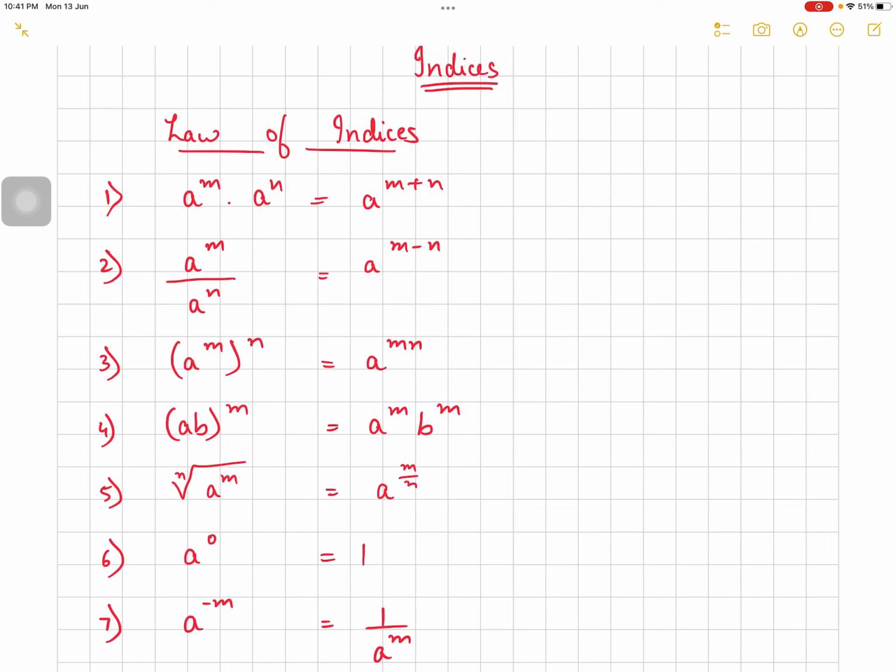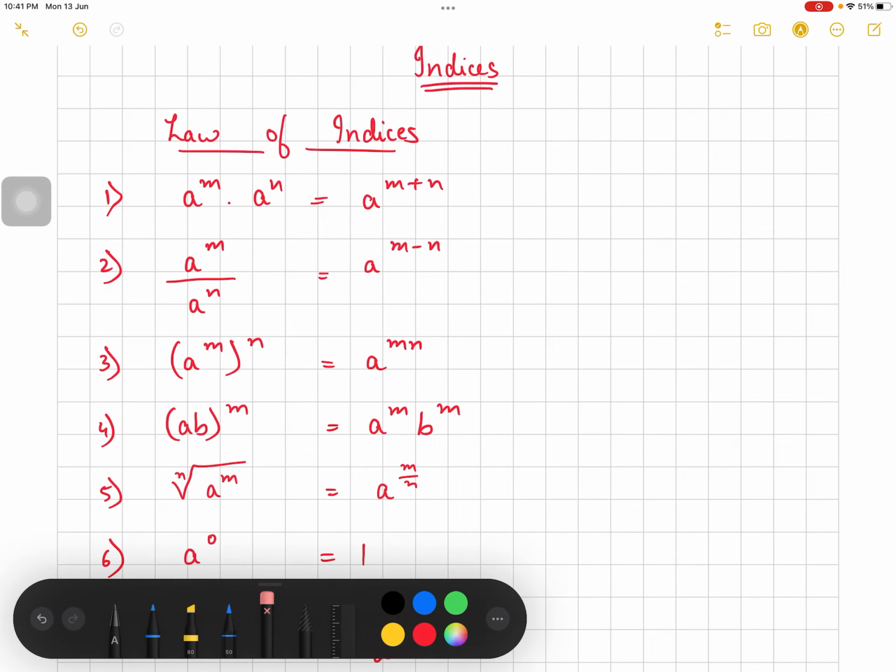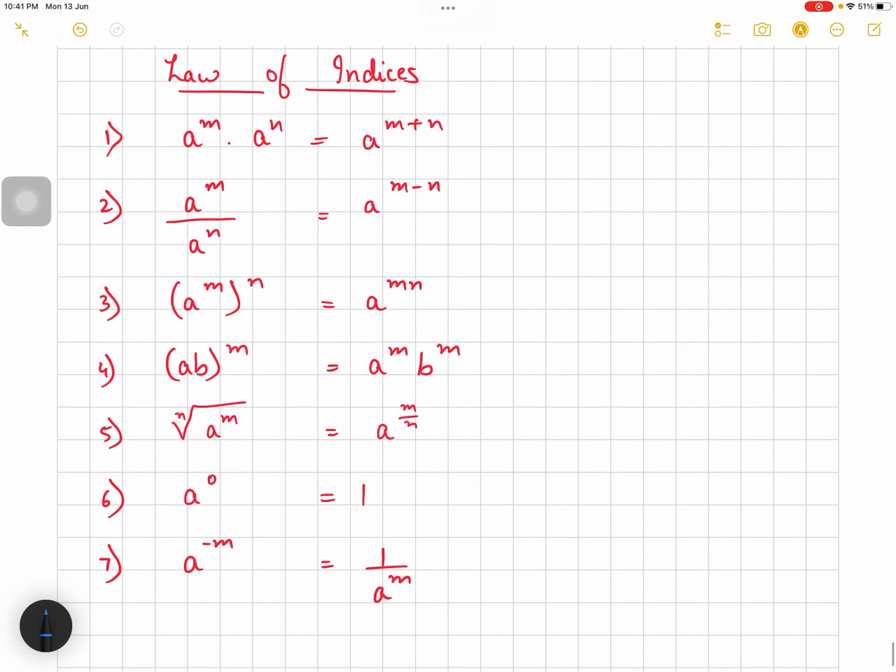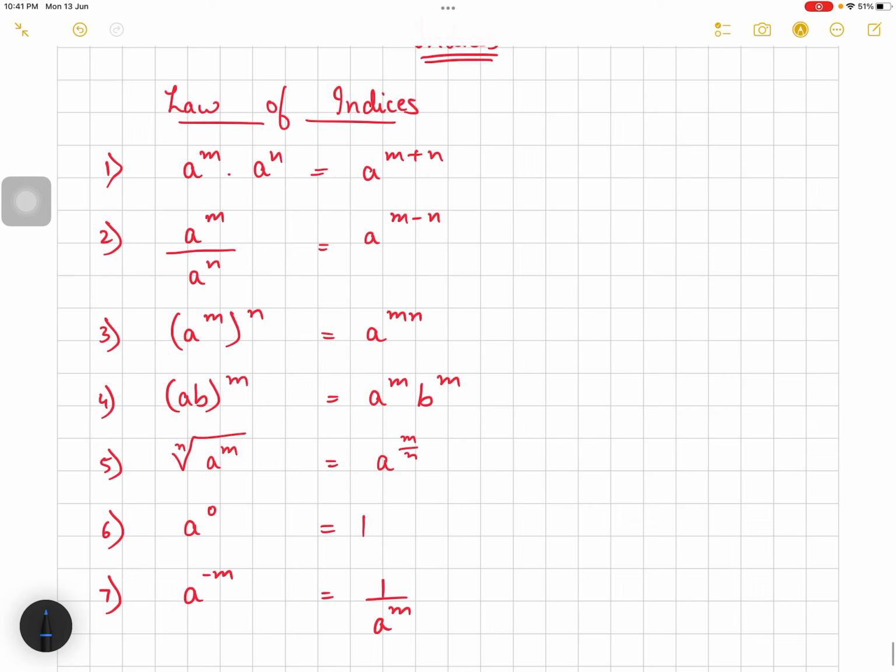First law: a raised to m into a raised to n is equal to a raised to m plus n. Here the base is a, and the powers are m and n. Suppose my a is 5.